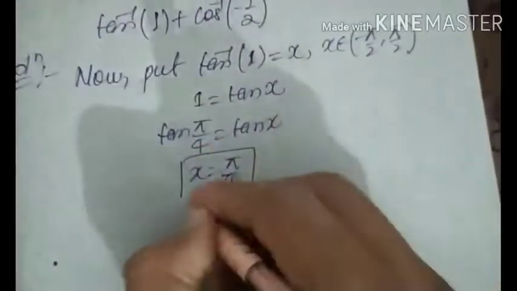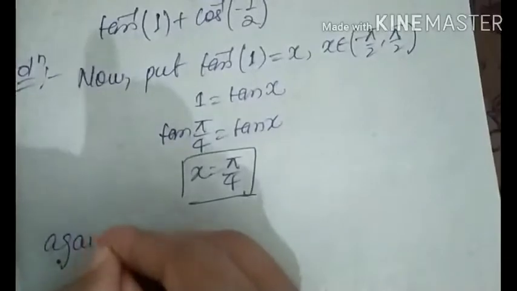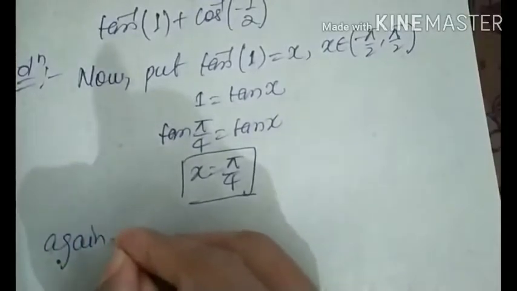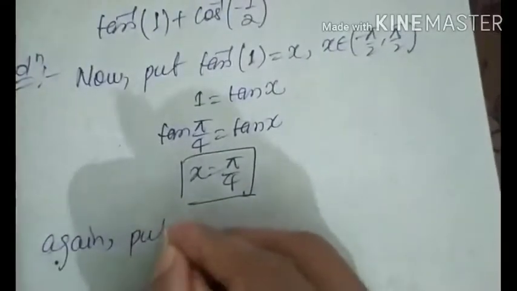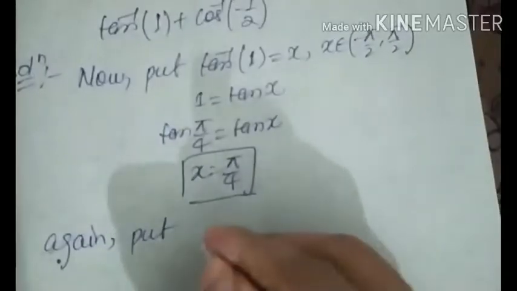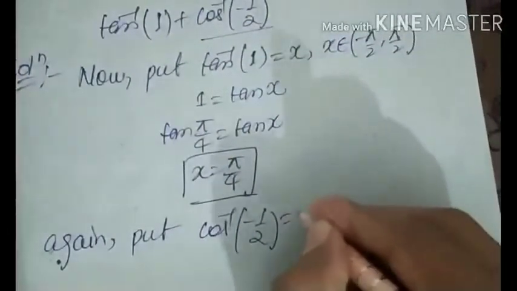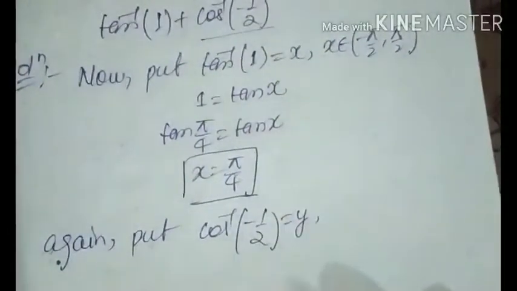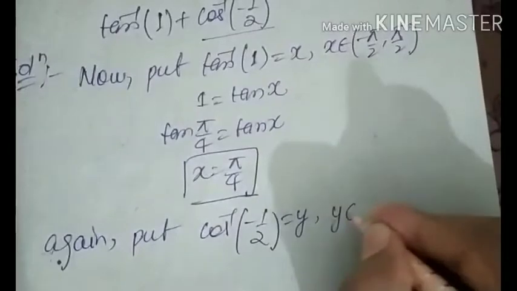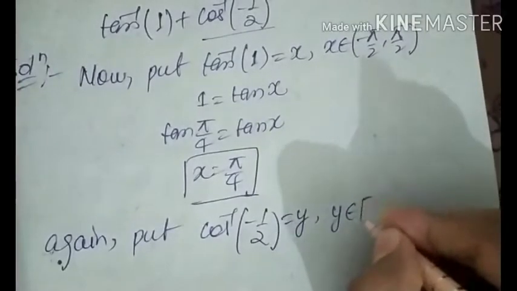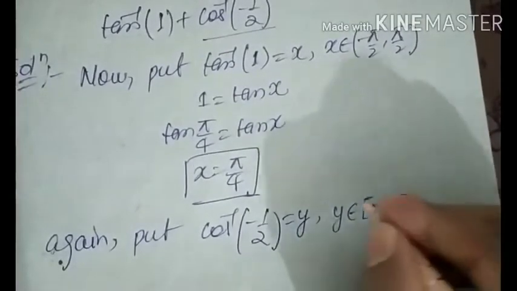Again, put cos inverse minus 1 by 2, this quantity, is equal to y, some other variable y, and y belongs to 0 to pi.